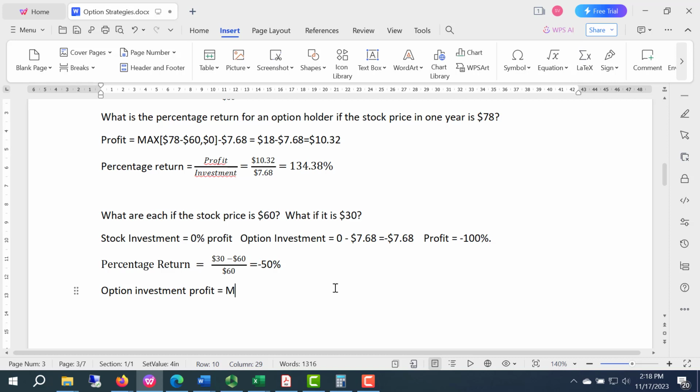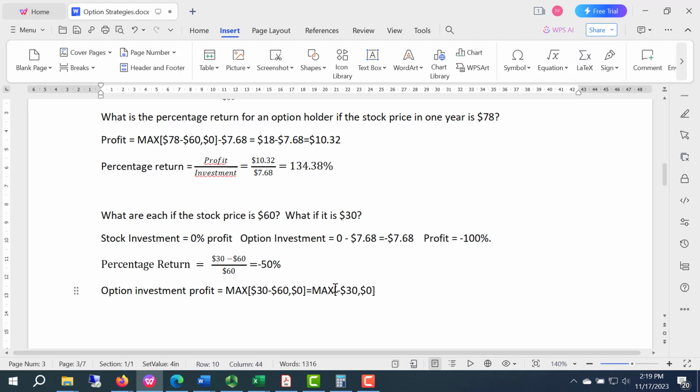The exercise value is equal to the maximum of the stock price, $30, minus the strike price of $60, or 0, giving us a result of the maximum of negative $30 or 0, minus our initial investment.